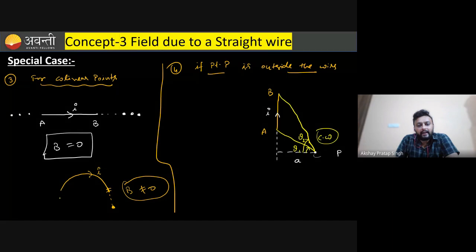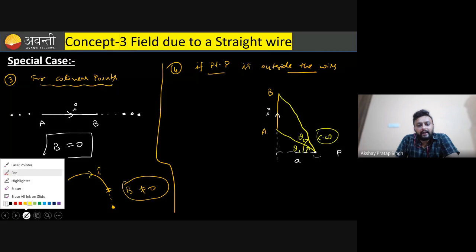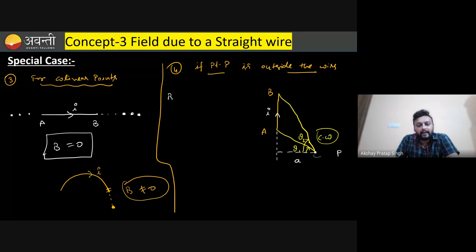So how can you write the magnetic field? Just remember the standard result, that B is equal to mu naught over 4 pi. I hope you remember the standard result. You can say it in your mind, or write it yourself without watching my part. That is, I by A, where A is the perpendicular distance, integral of sine theta with the limits theta 1 to theta 2.